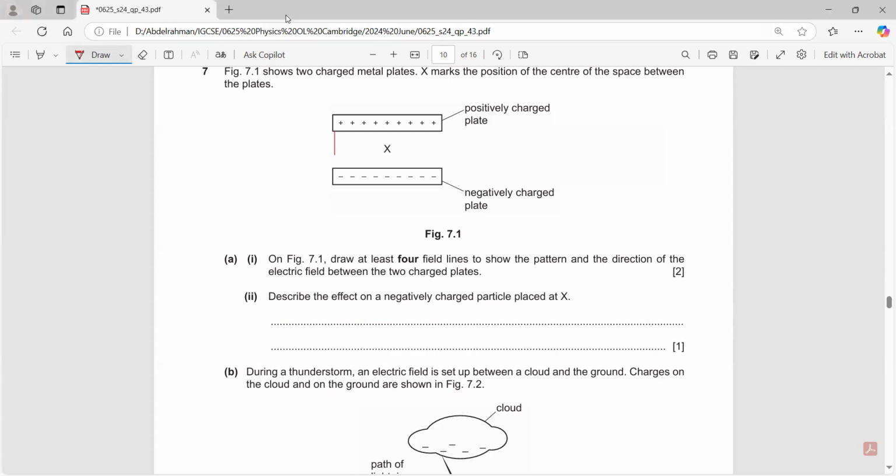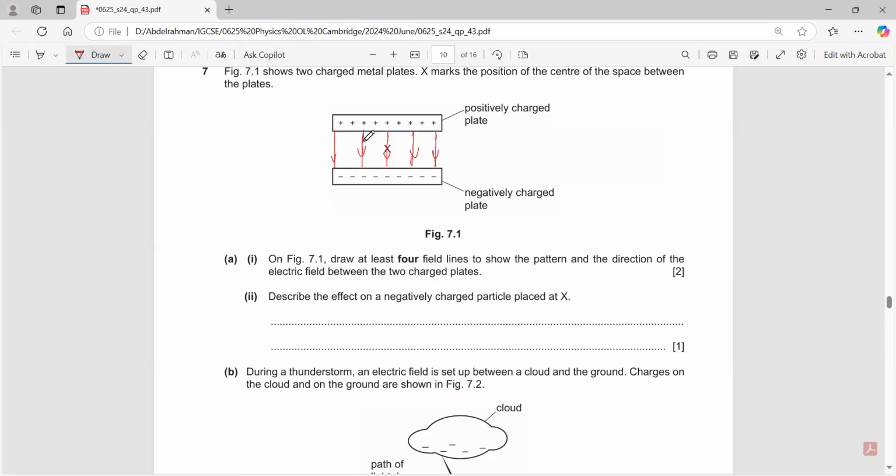So for example, I'll draw a line and then I'll leave, for example, 1 centimeter, whatever you'd like. Please draw them equally spaced, even if it passes right through X. But they have to be equally spaced. It says at least four, so you can draw more than four lines.